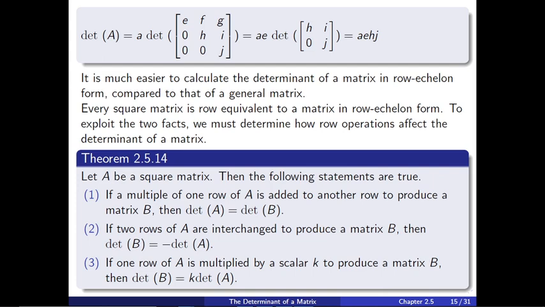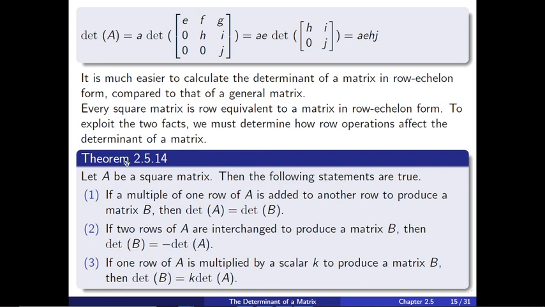So that tells us that if we are able to reduce our matrix to row echelon form, and we know how elementary row operations affect the determinant of a matrix, then we will be able to exploit the fact that it's much easier to find the determinant of a matrix in row echelon form.